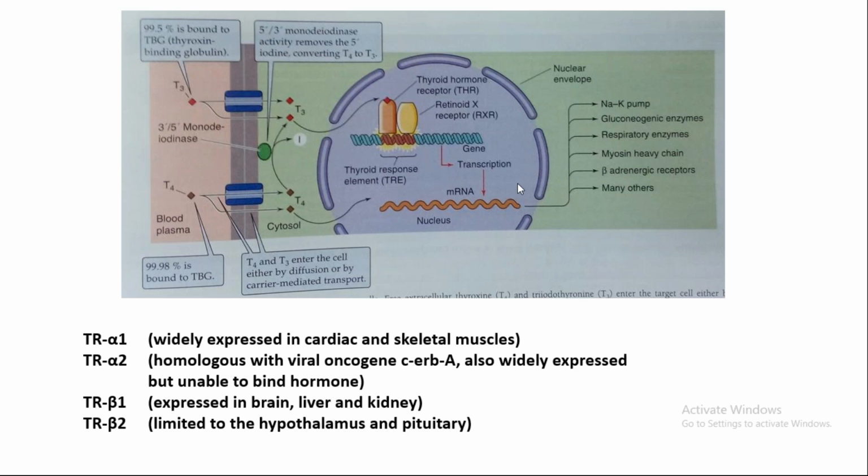So what will the thyroid hormone basically do? These mRNAs that are formed have different functions. Number one, the thyroid hormone increases the basal rate of oxygen consumption.